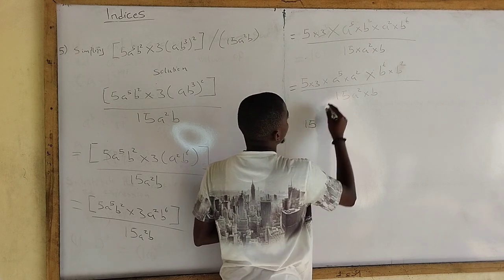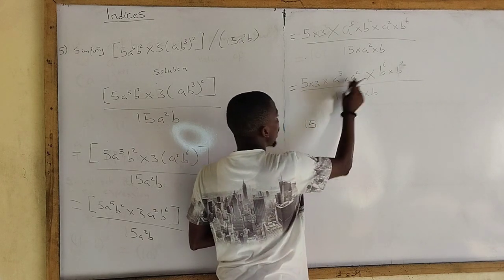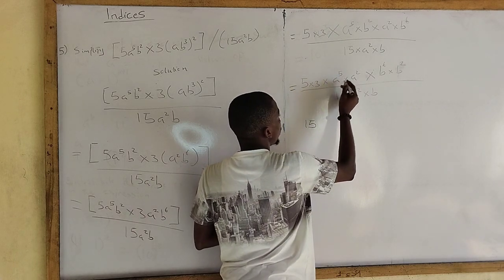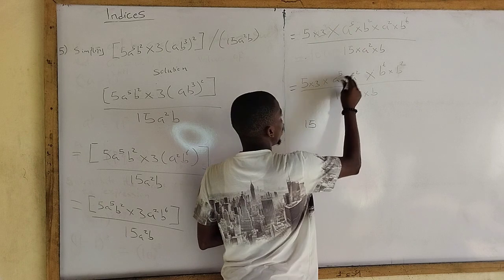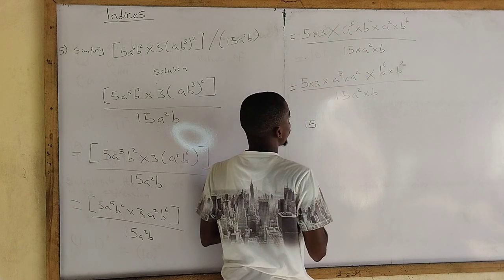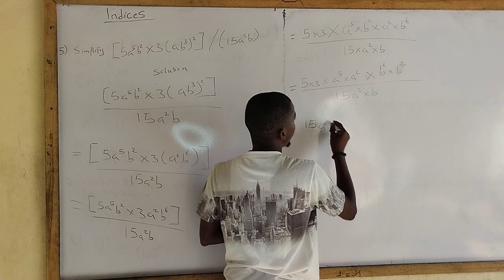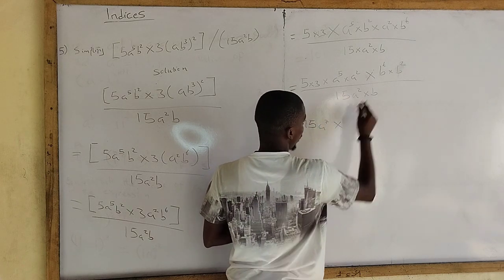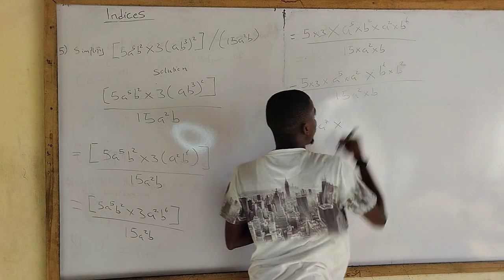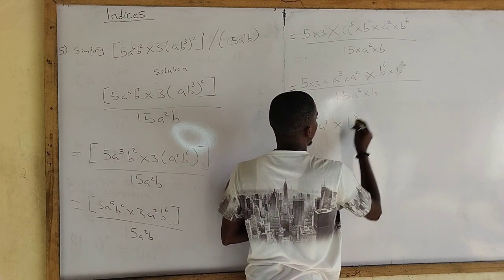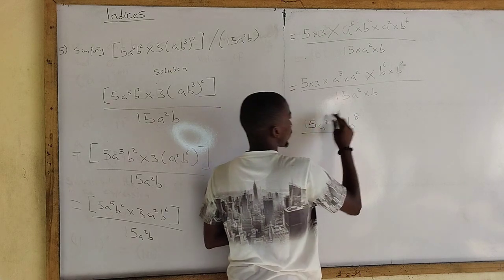We apply the multiplication rule here: we take a common base and add the powers. So we have a raised to the power of 7. We take a common base, we add their powers, so b raised to the power of 8.